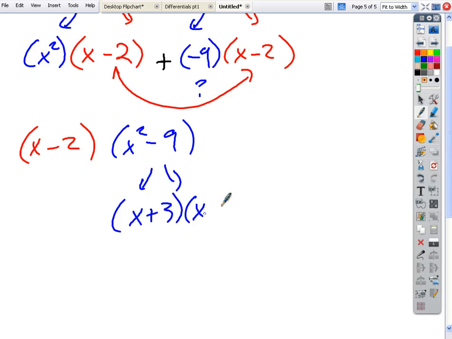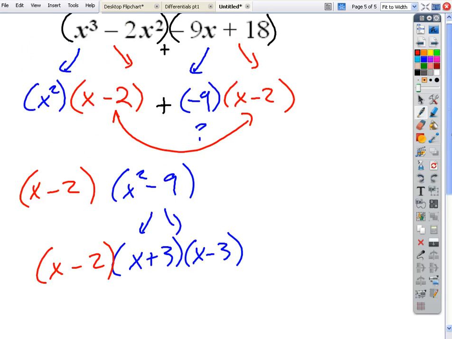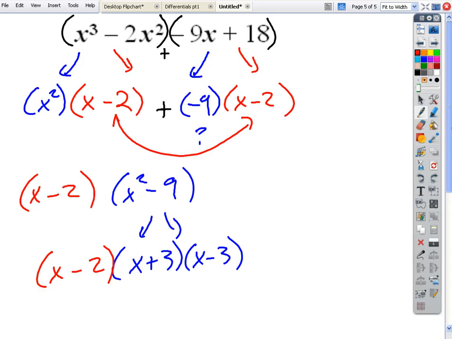Because what's the biggest power of x that I could divide away from the first two terms?